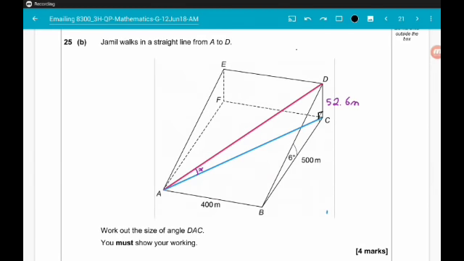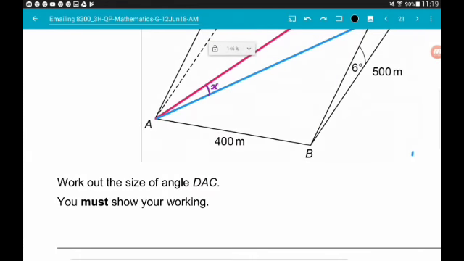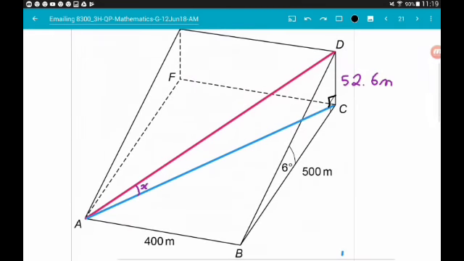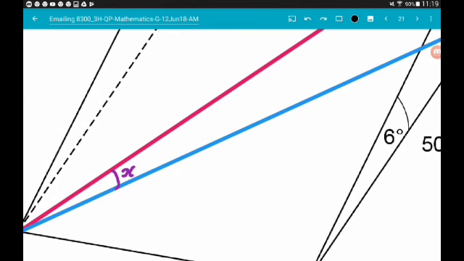Okay, then part B is probably a little bit trickier. We're told Jamil walks from point A to point D. So he's walking up and diagonally across the hill. Here I've shown this with the red line. Now, the question asks us to work out the angle DAC. So that is the angle that we would get if we could go from point D to A to C. Here I've shown this with this purple angle x.